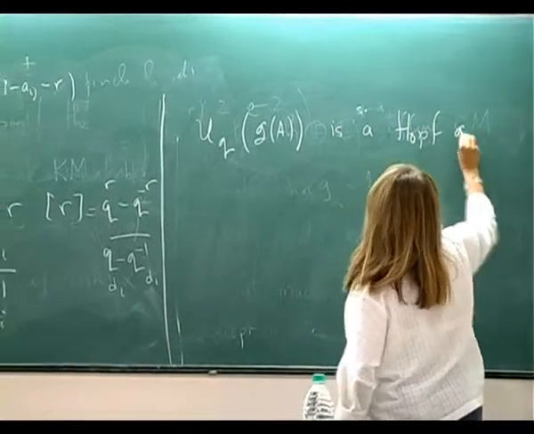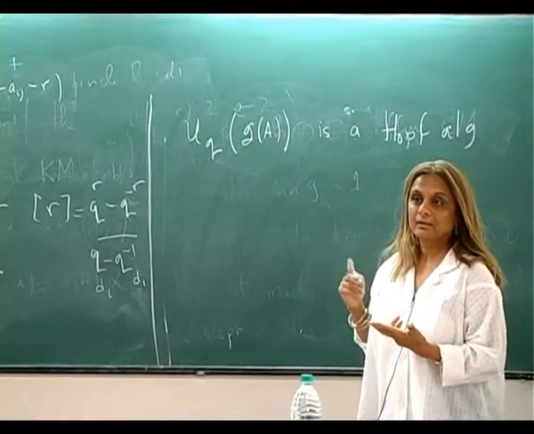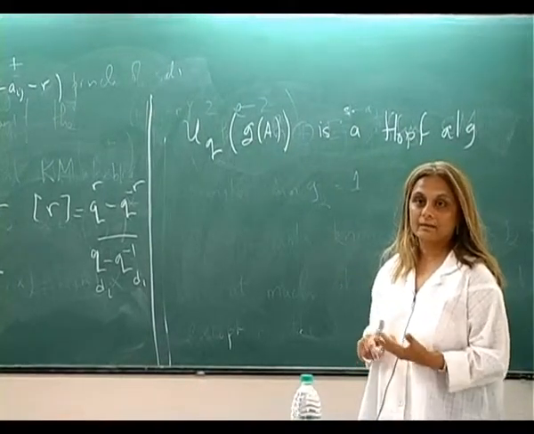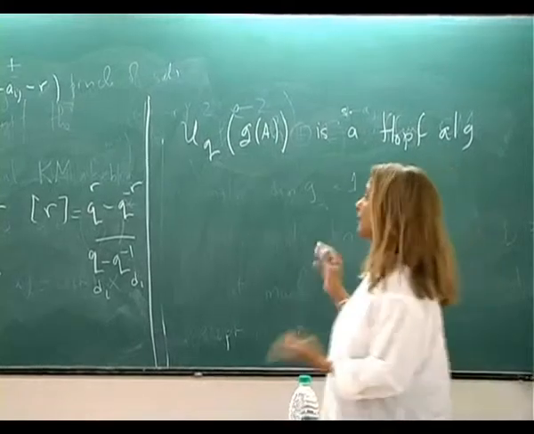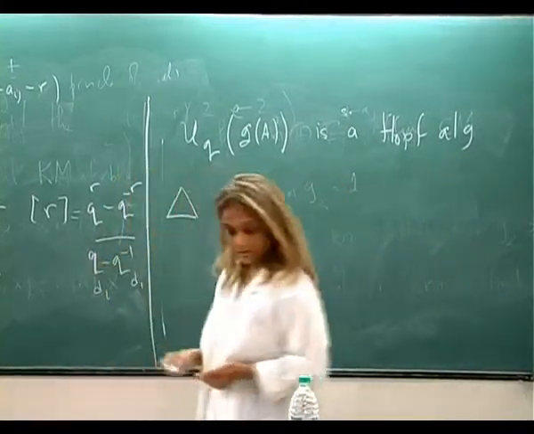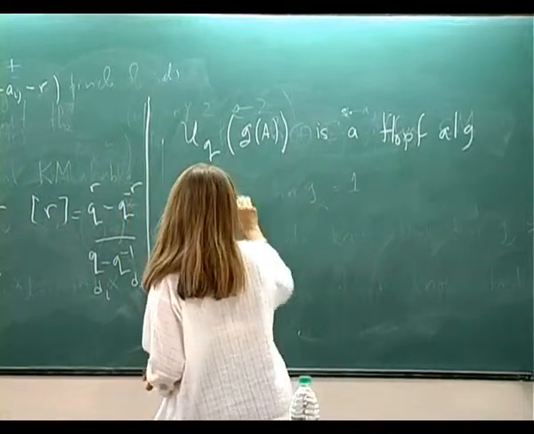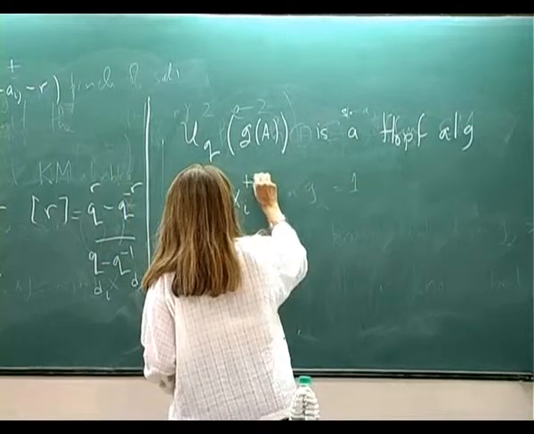Now we discussed briefly what a Hopf algebra was. It has a co-multiplication, co-unit, and then antipode. I'm only going to tell you what the co-multiplication is. You can find all the other definitions in any book. So let me write this down.